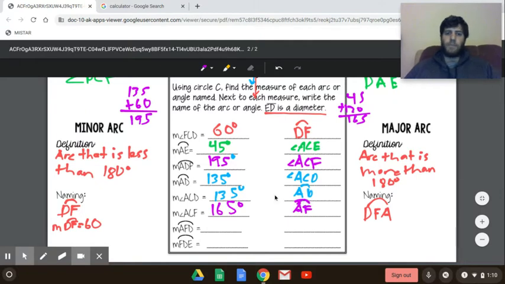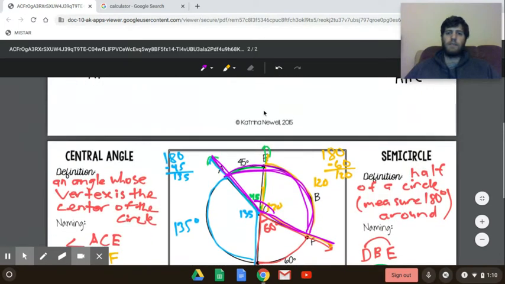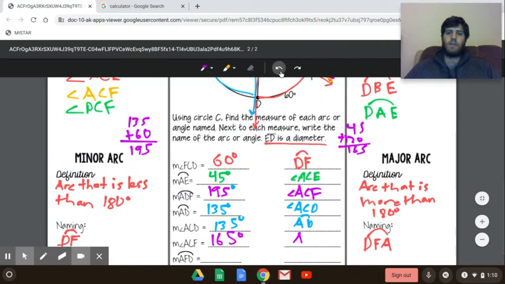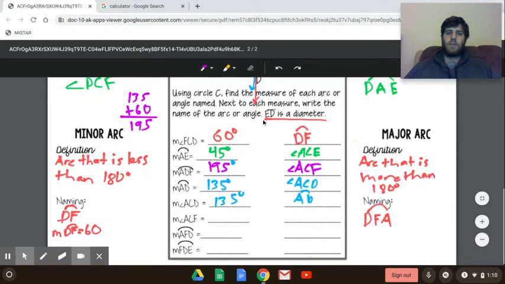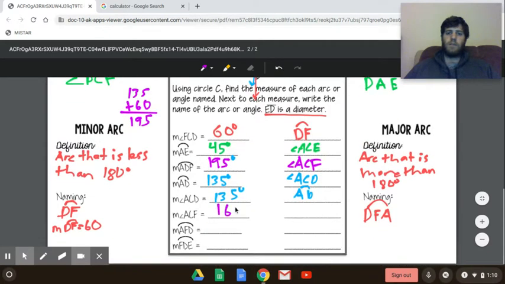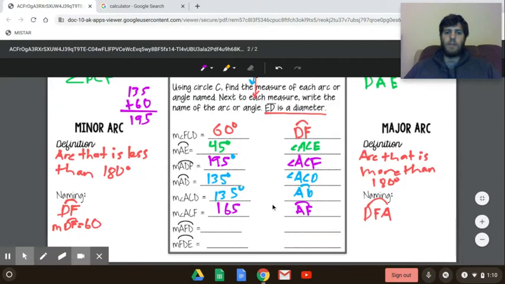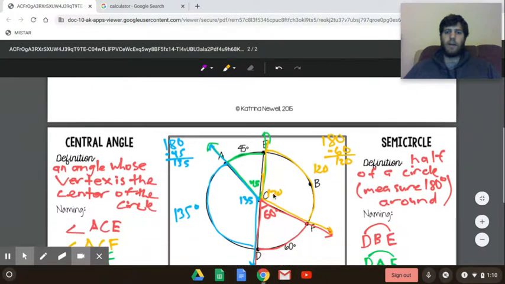All right, two more. AFD. All right, so it was 165. And again, we were going from A to F, so we said A, F with an arc over it. Okay, AFD, the measure of arc AFD.